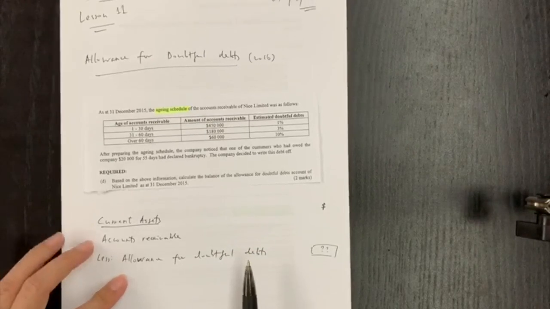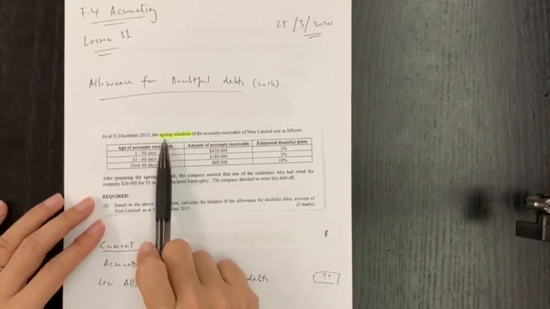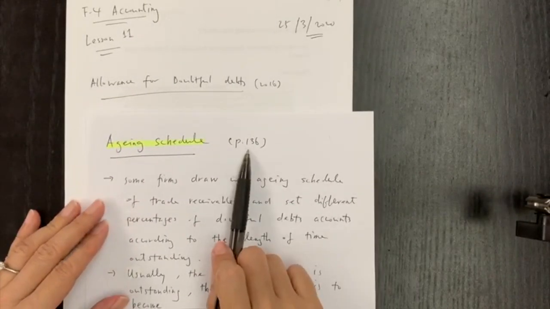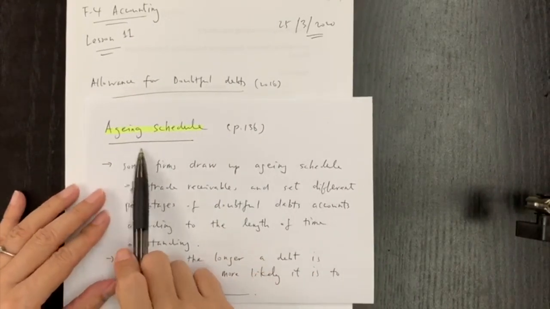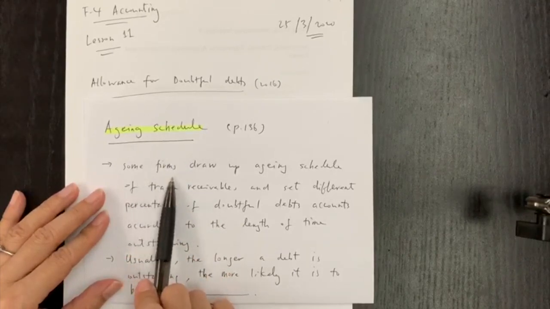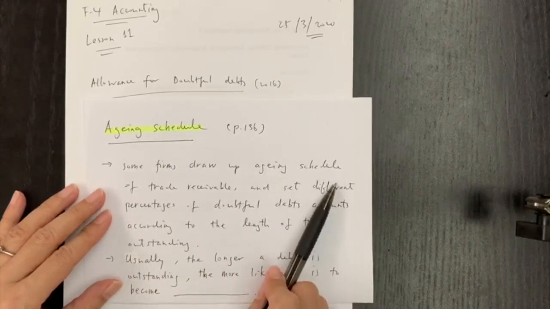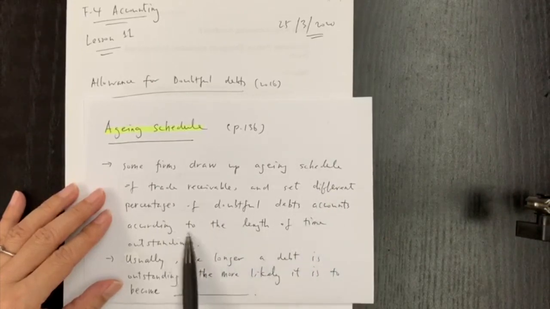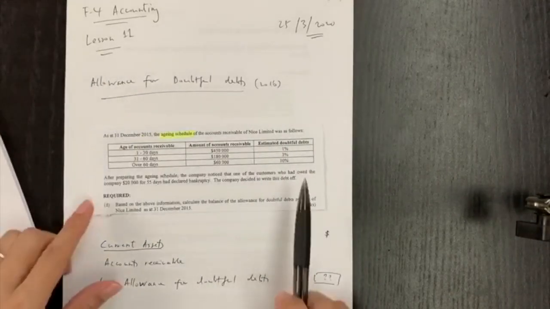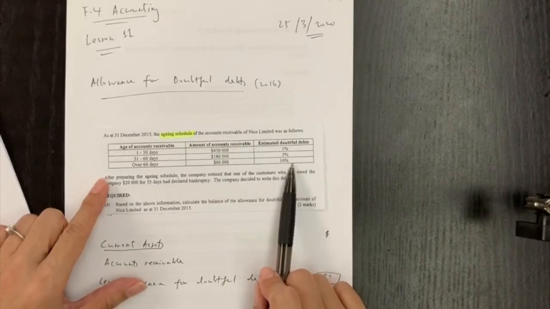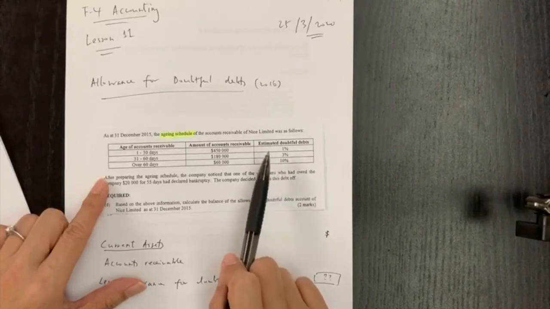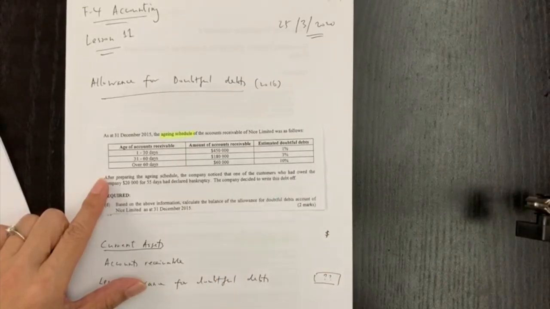Before we look at the calculation, we need to learn the meaning of aging schedule. If you go to your textbook on page 136, you have the meaning: some firms draw up an aging schedule and set different percentages of doubtful debts according to the length of time being outstanding. Remember, allowance for doubtful debts is always an estimation, so you have this estimated doubtful debts.